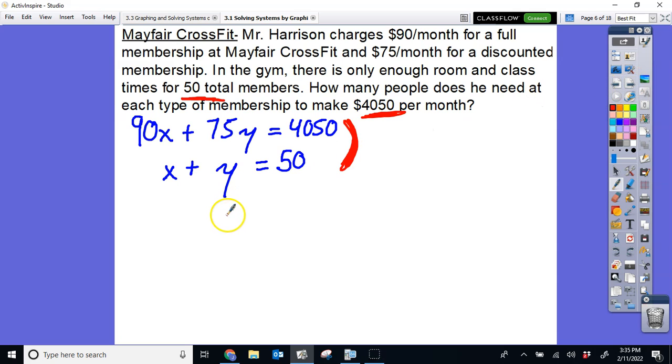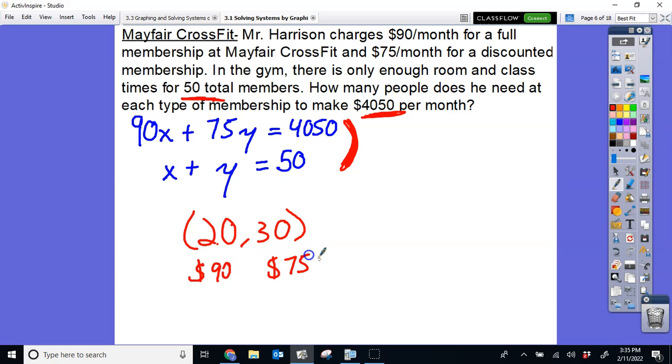The x value and the y value mean something for us. It means I want 20 people at $90 a month, and I want 30 people at $75 a month to meet both of these requirements.